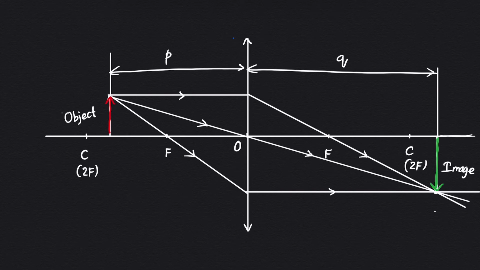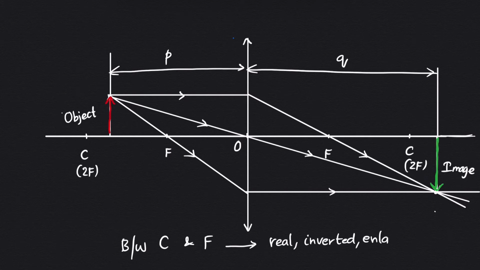So here we can conclude that when you draw the object between the center of curvature and the focal length, then the image is real, it's also inverted, and it's also enlarged. Notice that the image is actually larger than the object. So what you see physically is also what you end up getting. So it is real, inverted, and enlarged.